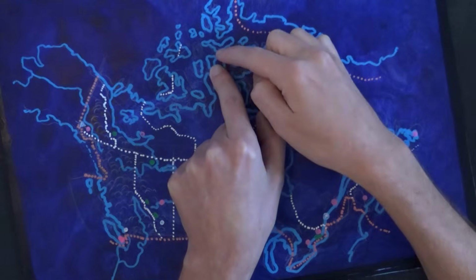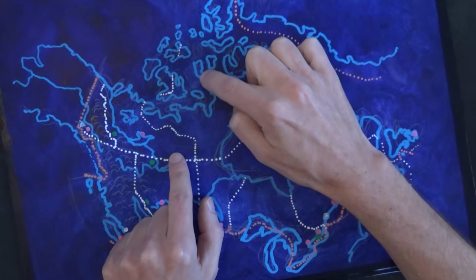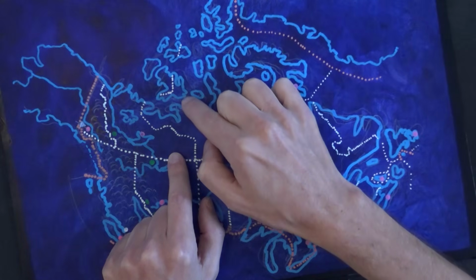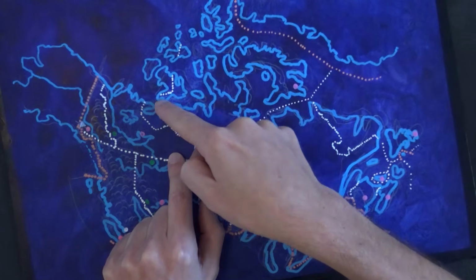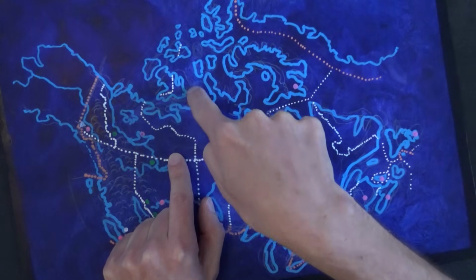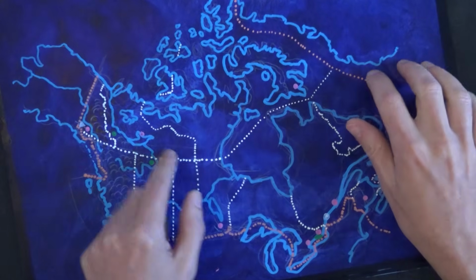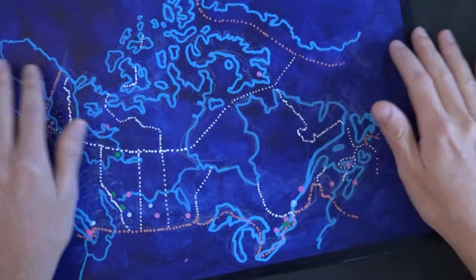And another route goes more to the south here, like this, south of Victoria Island. So that's the Northwest Passage.